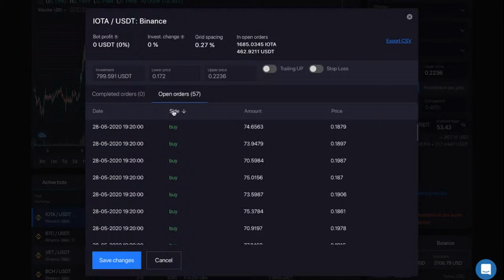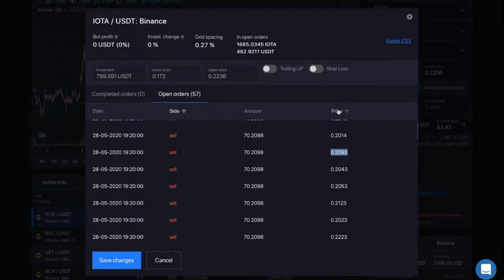And since I bought IOTA to initiate the bot, now all of my sell orders are placed, and you see the proportionate distribution of my IOTA, and the price is displayed on the right side.